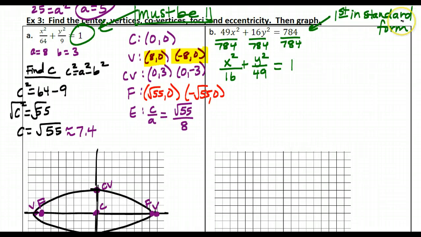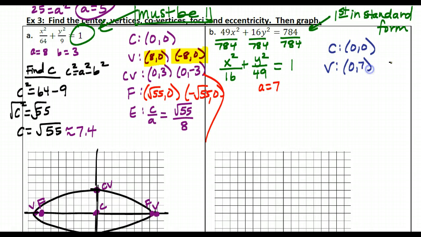Now I'm going to do the same process I did before. And by the way, remember, the bigger number always is the a value. So this time a is going with the y. And so when I make my vertices, it is a y value. So again, a always goes with the bigger number, and it's going with y, so it's a y value. B is 4 right now, and that goes with my co-vertices.